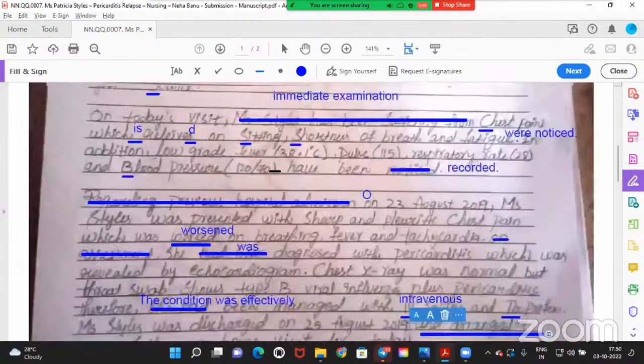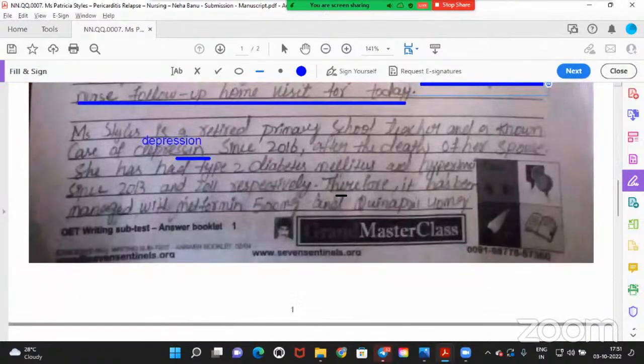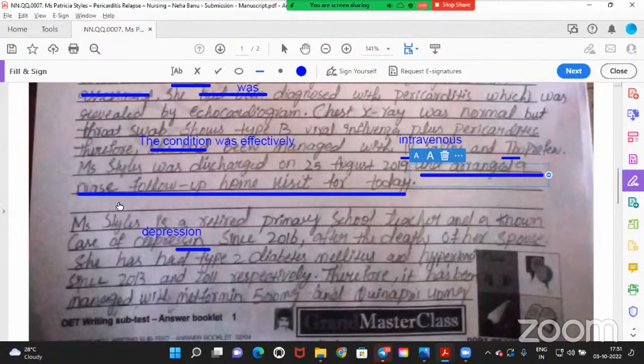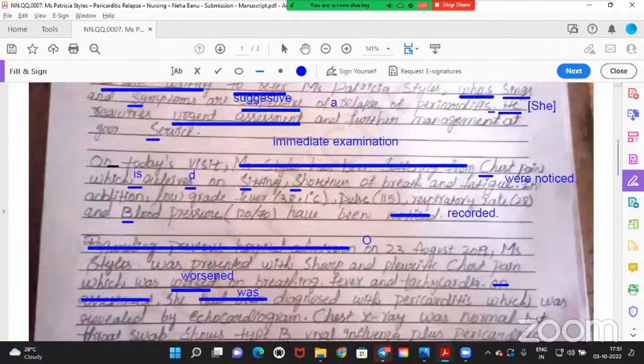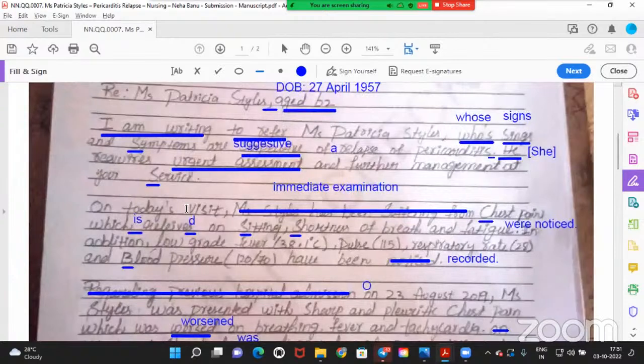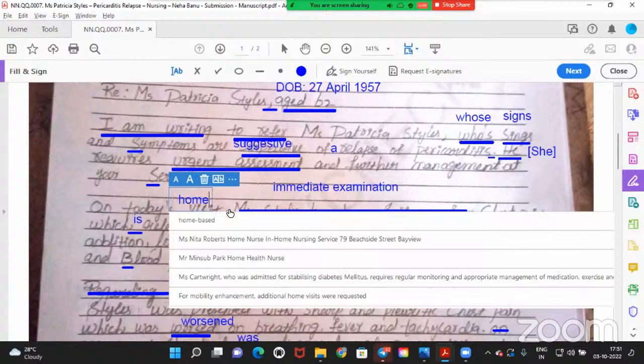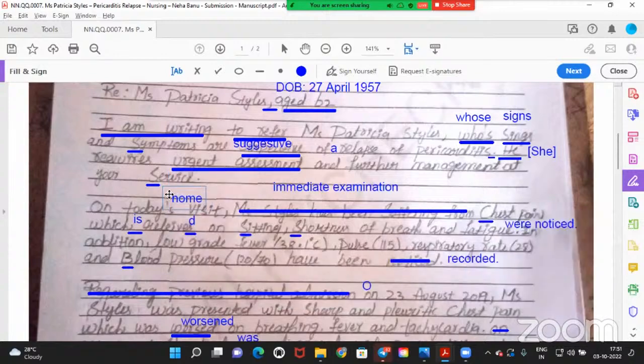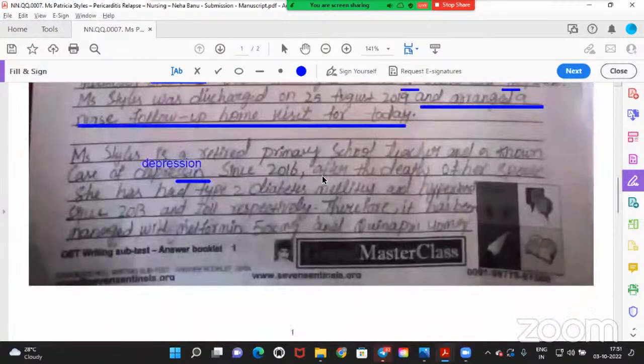You are already saying that on today's visit. So no need to introduce again here. So you are saying on today's home visit, not visit, home visit. There itself finished.